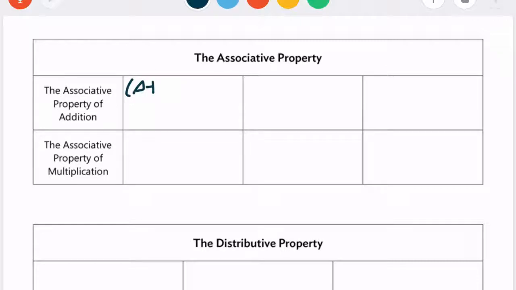If we have a triangle plus a heart, inside parentheses plus a circle, that is the same thing as if we had in parentheses a circle plus a triangle, for example, in parentheses plus a heart.